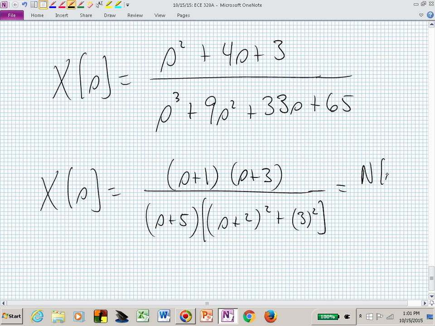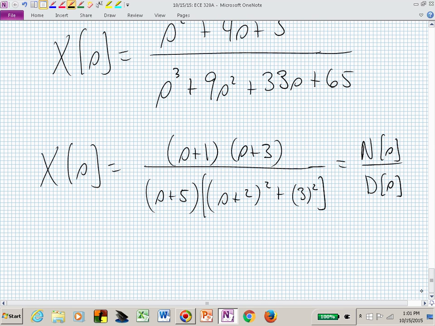I'm going to refer to those polynomials as the numerator polynomial capital N and the denominator polynomial capital D. But I hope you already see the time domain structure of what you would have if you take the inverse Laplace transform of capital X of S.